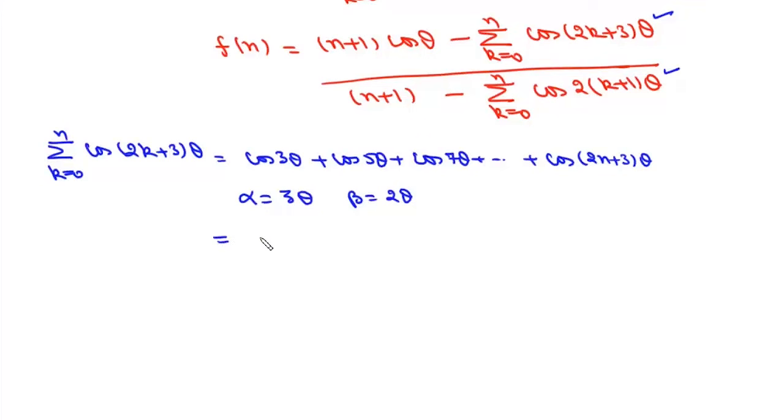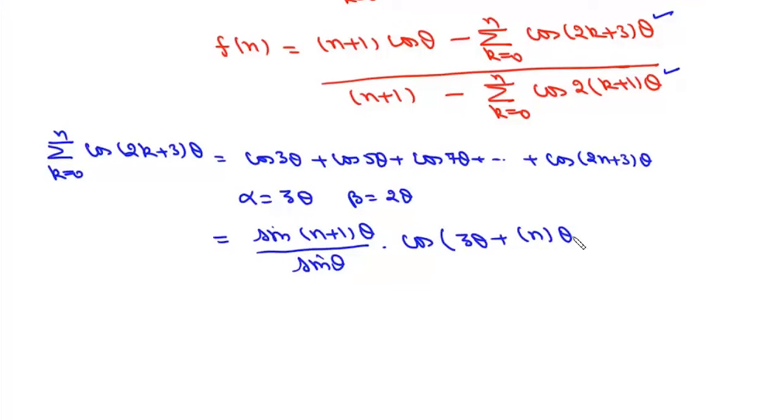We know that the sum of this series is sin(n beta by 2)... the number of terms is n plus 1, and beta by 2 is theta, upon sin(beta by 2), which is sin theta, into cos(alpha plus (n minus 1) beta by 2), which in this case is 3 theta plus n theta. So it will be sin((n+1)theta) into cos((n+3)theta) whole divided by sin theta.